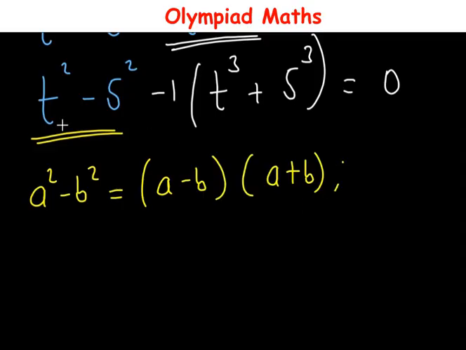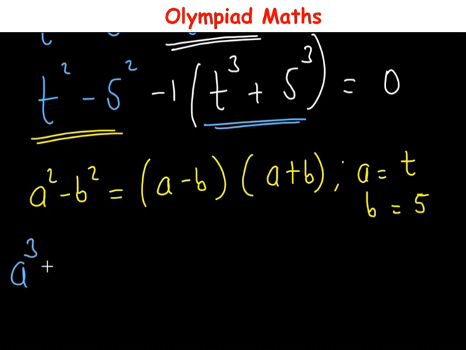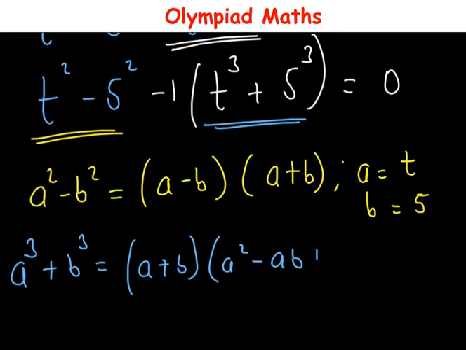Now in this case, the value of a is equal to t, while the value of b is equal to 5. Also, looking at t raised to power 3 plus 5 raised to power 3, what you have is the sum of 2 cubed. If you have a raised to power 3 plus b raised to power 3, this is simply equal to, in brackets, a plus b multiplied by a squared minus ab plus b squared. Now in this case, the value of a is equal to t, while b is equal to 5.